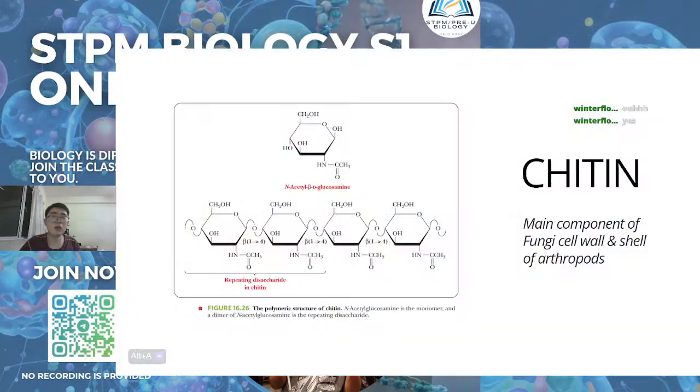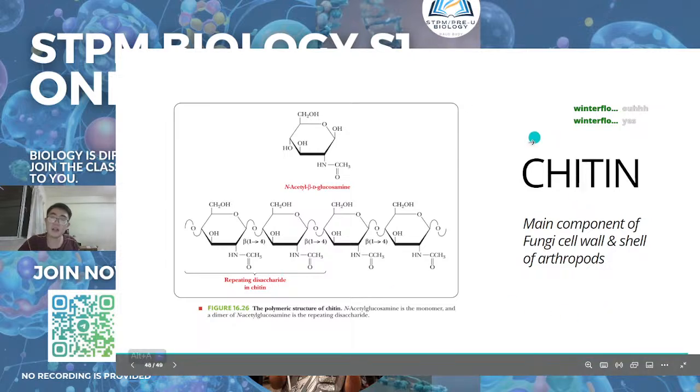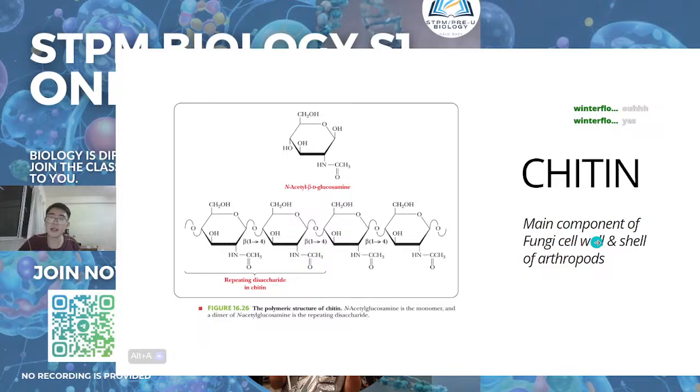This one is actually just an extra component not stated in the syllabus, just extra information for you. Chitin, you don't need to memorize it. It is one of the polysaccharides. It is the main component of the fungi cell wall and also the shell of arthropods.